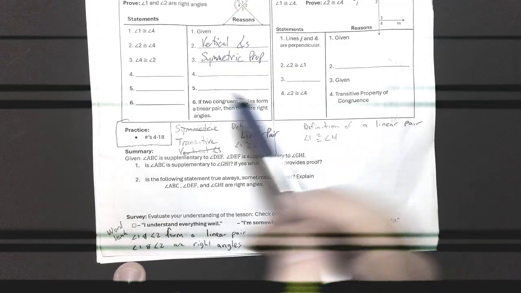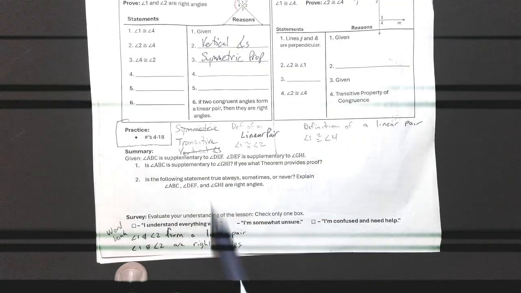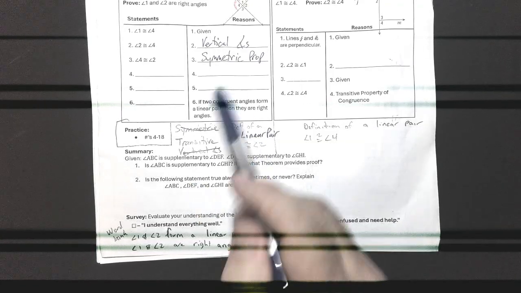All right, so notice we have a couple of blanks here. This is what these are for, and of course the reasons are on the right. So number 4, now we're trying to prove that they're right angles, so that's the bottom one. That'll be the one we prove. So got a couple of blanks in between.